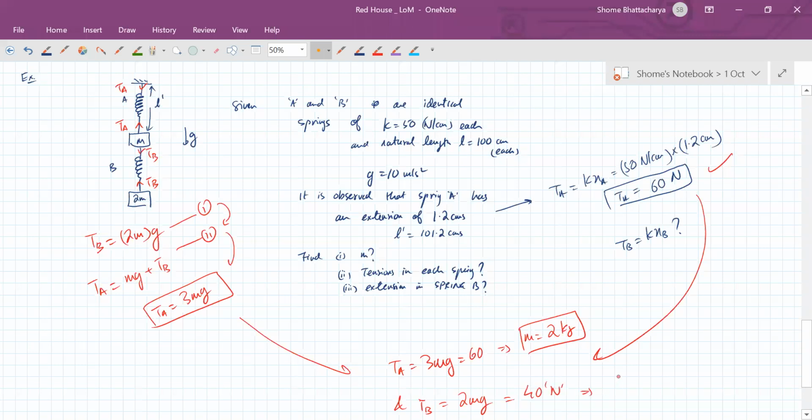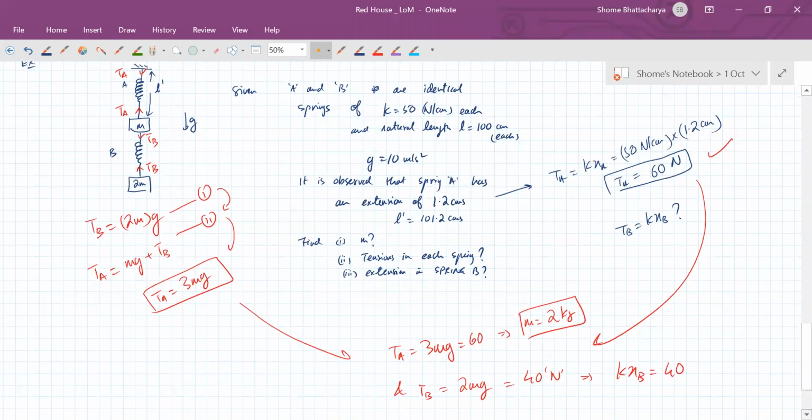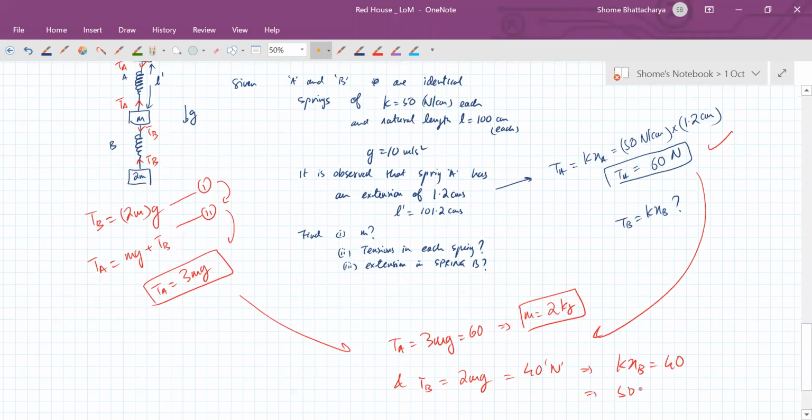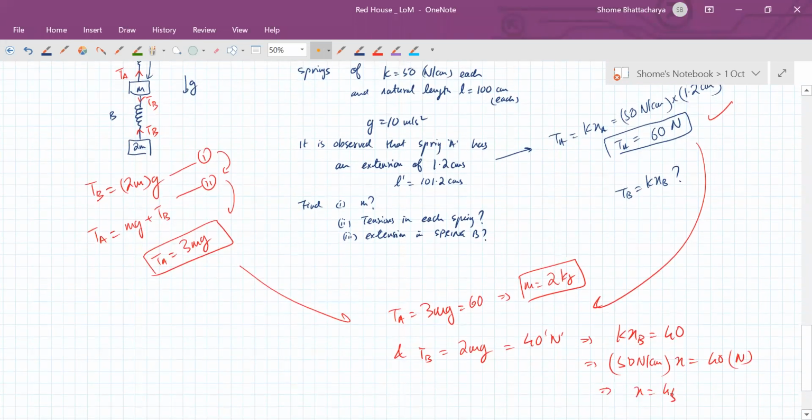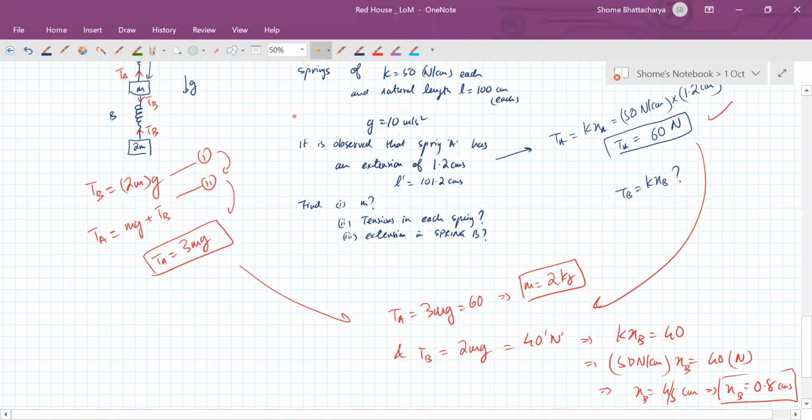Therefore K into XB will be equal to 40. Now K was 50 newtons per centimeter, into X will become 40 newtons. So X will be 4 by 5 centimeters, or XB will be 0.8 centimeters. So this becomes the solution.